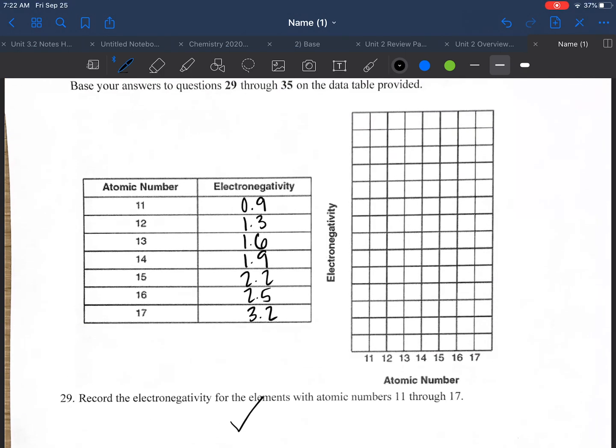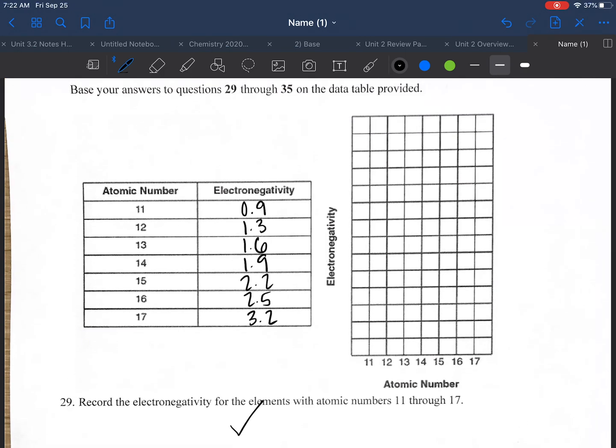So what I would do here is I realize that I'm going to go by 2 units. And I'm going to start at 0.6. Oops, that should be 1. Oh my goodness. Okay, so now I'm going to plot my points.